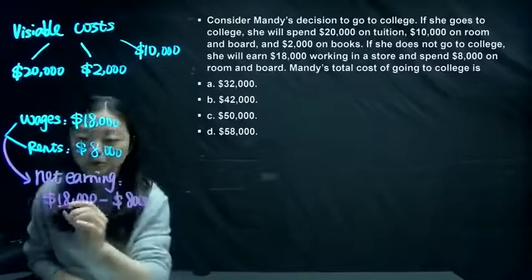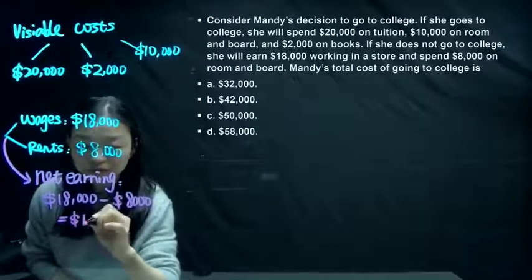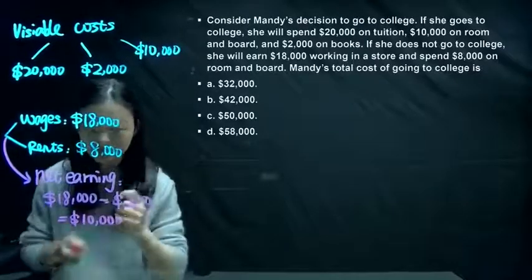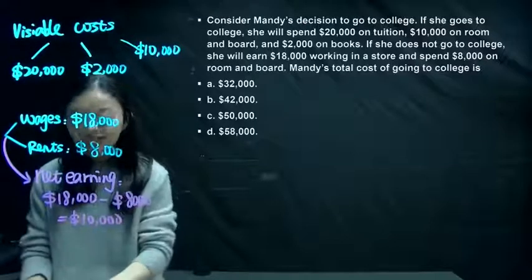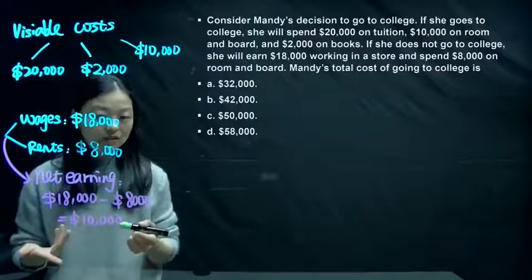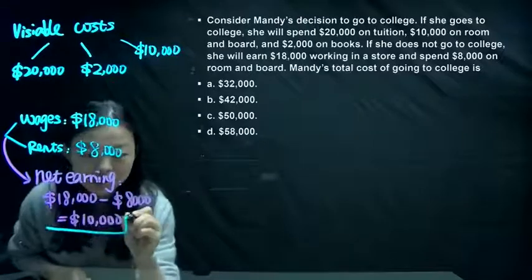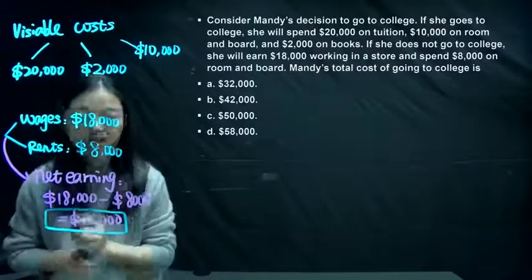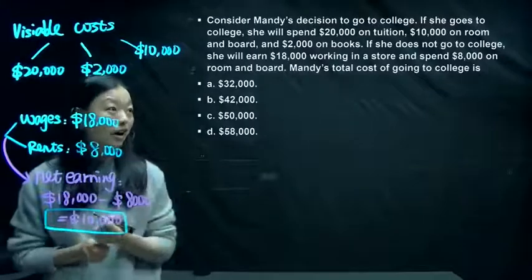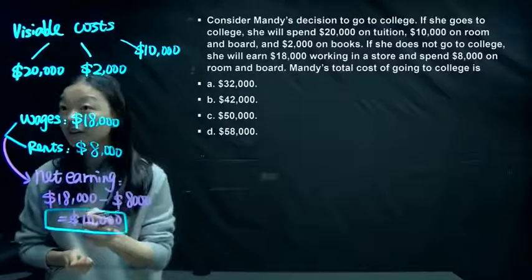And this part will equal $10,000, okay? So $10,000 is the opportunity cost here. This $10,000 here is the opportunity cost of going to college.